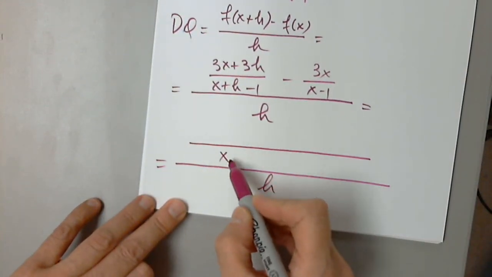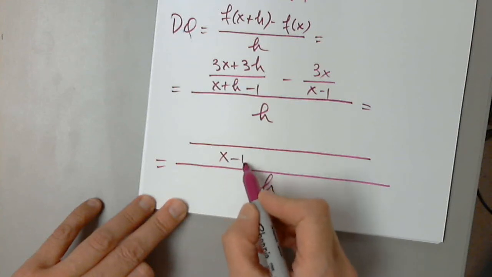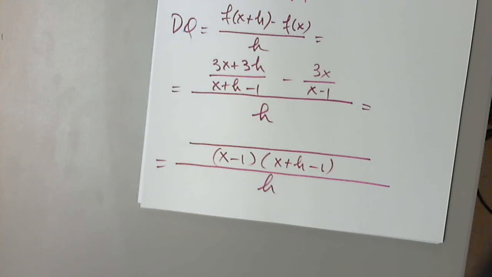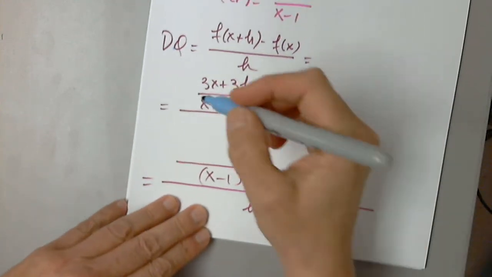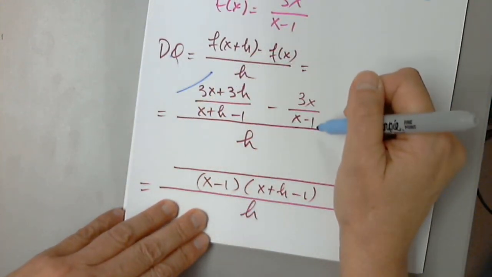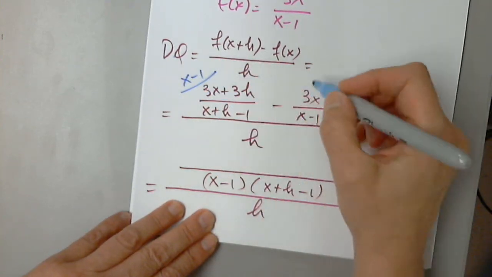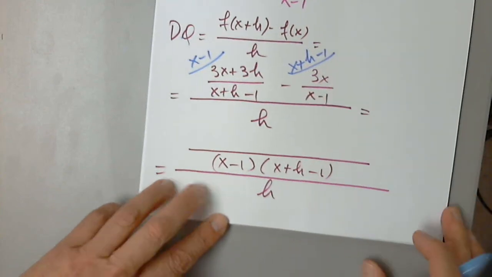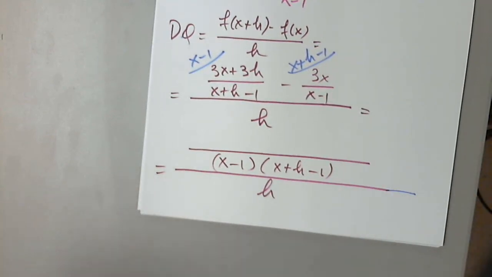X plus h minus 1 times x minus 1. Very good. So now the top needs what? Excellent. Two things have to happen every time we determine and simplify the difference quotient.